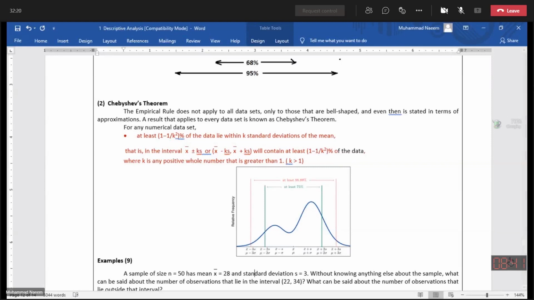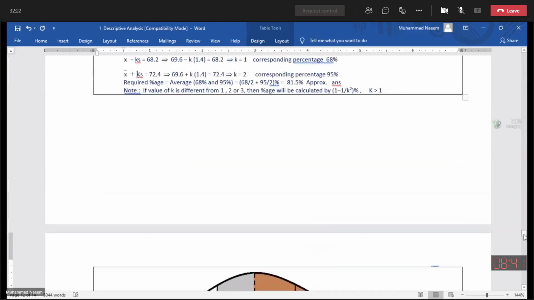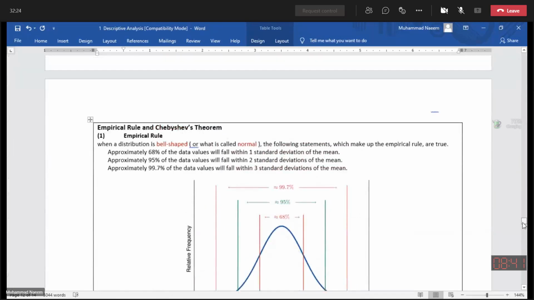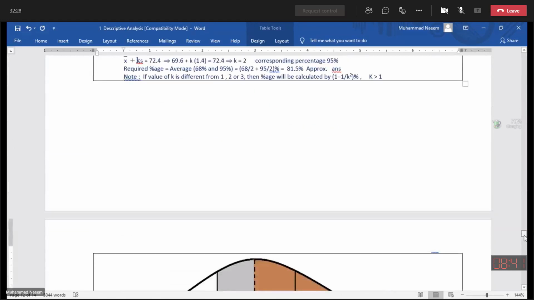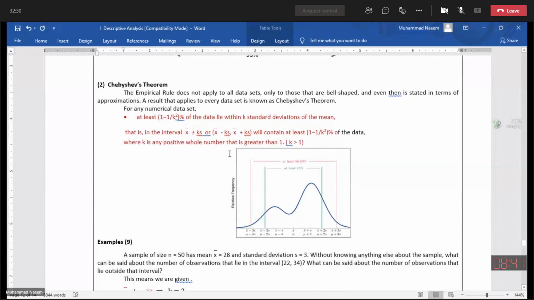But there is another important difference. The empirical rule gives the approximate percentage of the data, but in this case, the interval contains at least that percentage of the data.